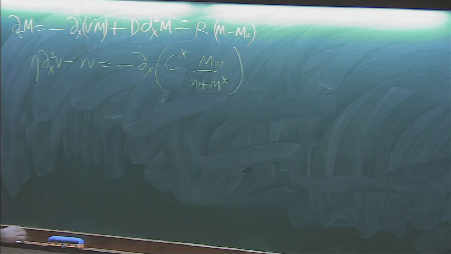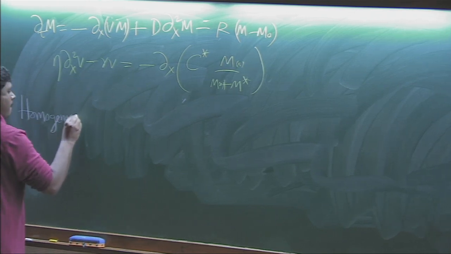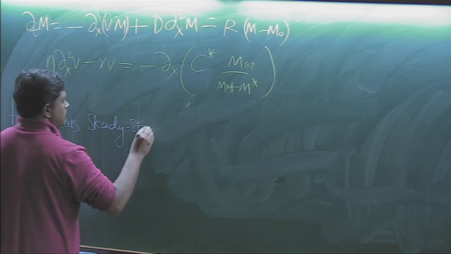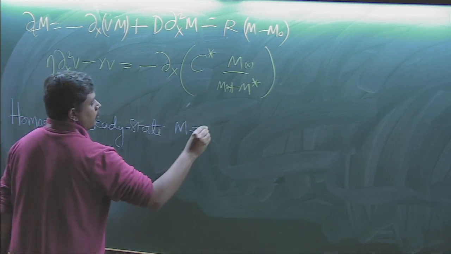So there is obviously one homogeneous steady state, which is m equal to m naught.